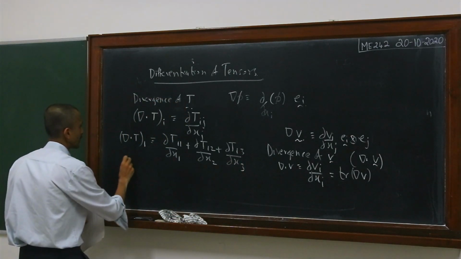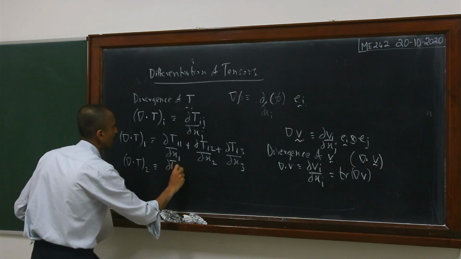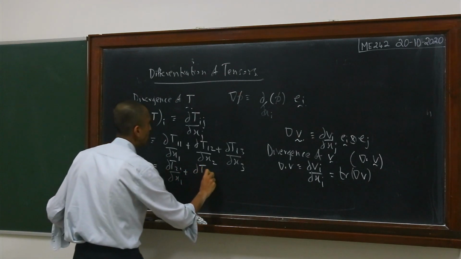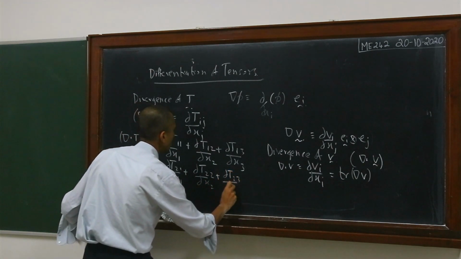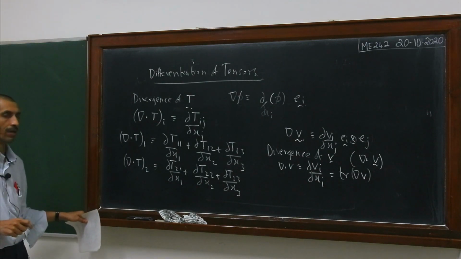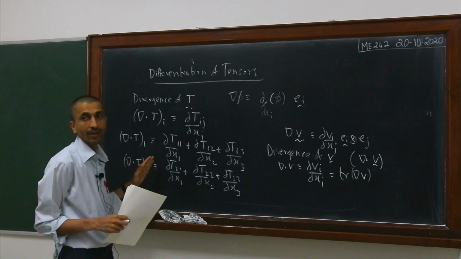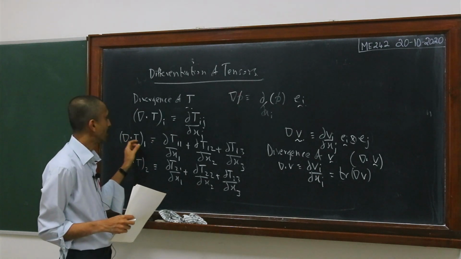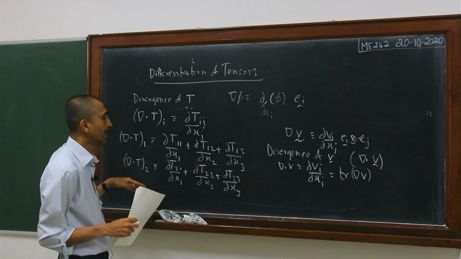Let me write the second one also: del dot T, second component, is del T21 by del x1 plus del T22 by del x2 plus del T23 by del x3. Similarly you can write the third component also. You will see that the equations of equilibrium for an elastic solid will have this component, where T stands for the stress tensor. We will come to that at a later stage.